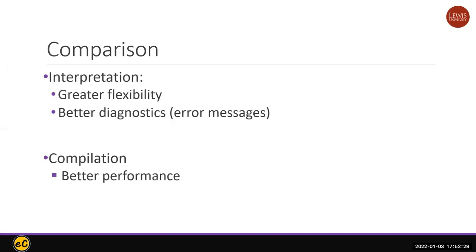Compilation usually is faster because your source code program is translated into machine code, and usually hardware speed is higher than software speed, so a compiled program is faster. But sometimes the compiler will give you a whole dump of error messages, so it becomes harder for the programmer to understand where it went wrong. So there are pros and cons between interpretation and compilation.